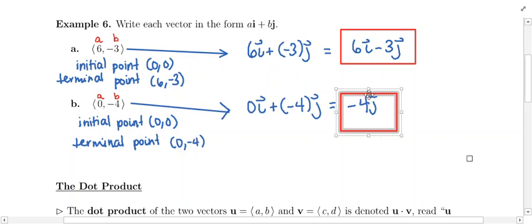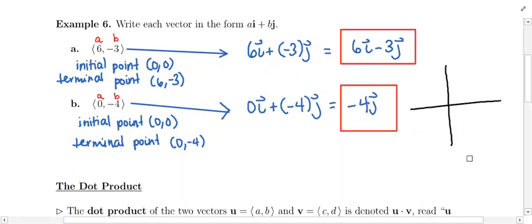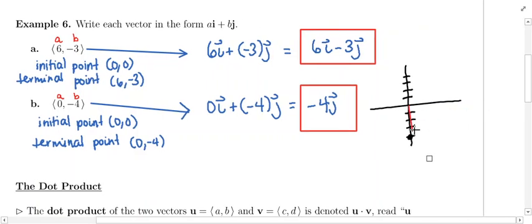There is no horizontal component. Okay, if you were to graph it out, if I did a quick sketch, the terminal point here, like I said, would be 0, -4, so that's down here. Okay, so your vector would point straight down, like this. Okay, there's only a vertical component, not a horizontal one.